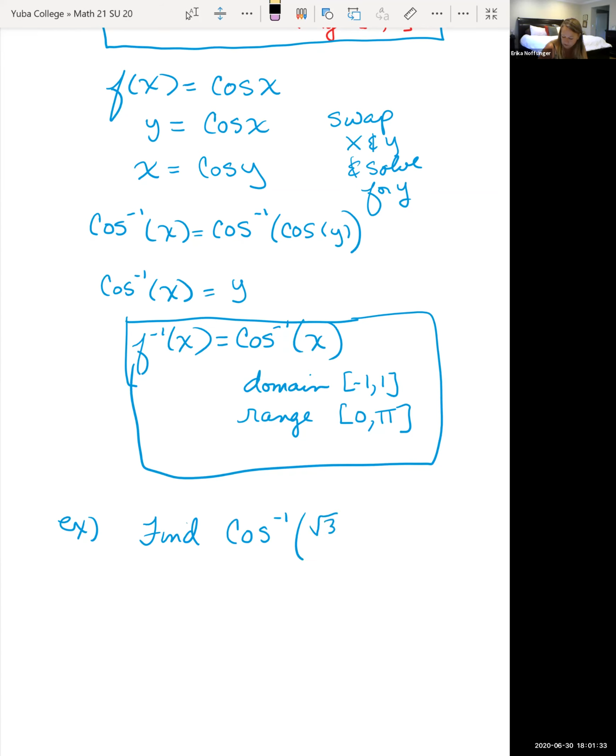So we're trying to find what angle gives us back root 3 over 2 for cosine, and it has to be between 0 and pi.